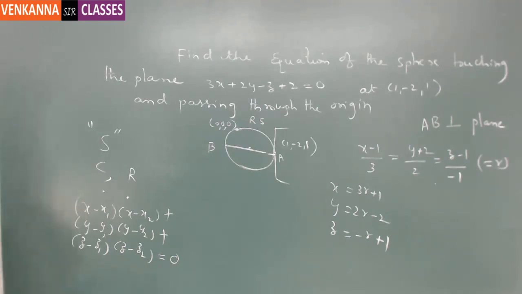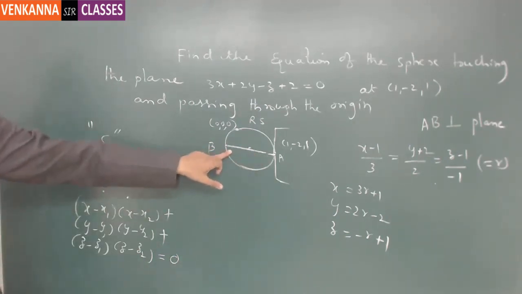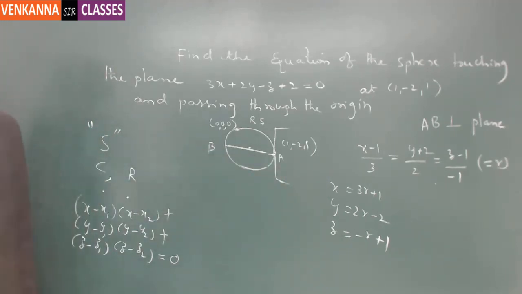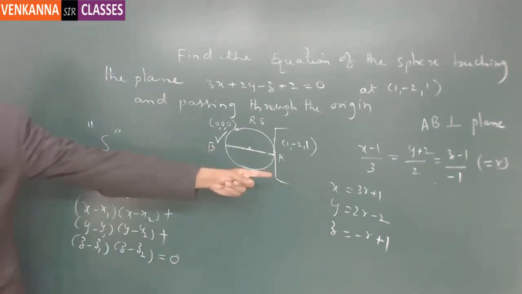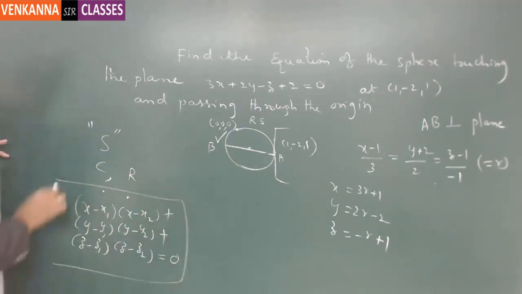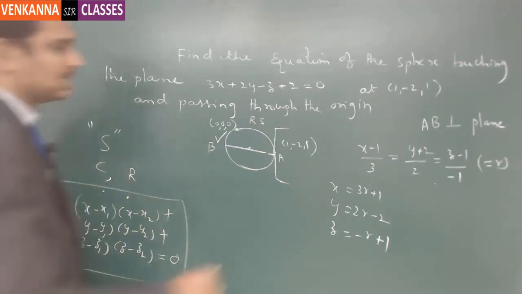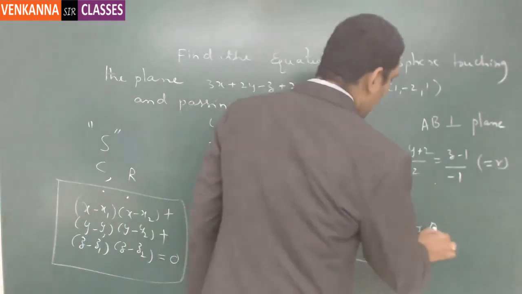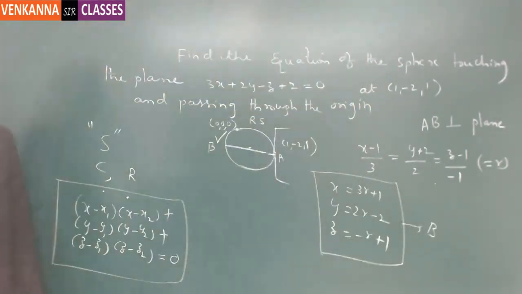Now, any point on the diameter will be of the same form for some value of r. Hence, the end point B is also of the same form for some r. So let us substitute the value in the formula. If you know r, then you are done with the whole problem.